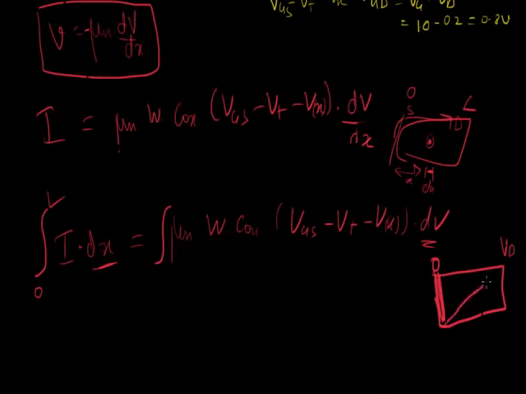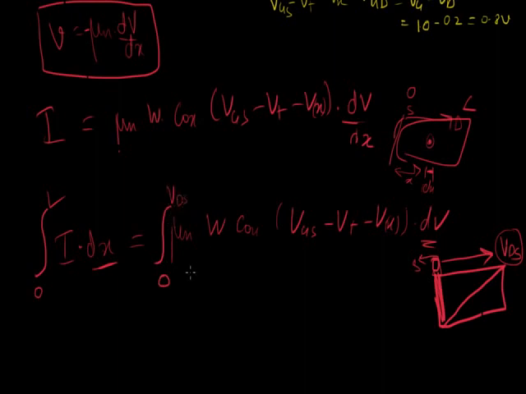Basically, your channel is shaped this way because of the VD, correct? So you integrate from 0 to VD. We call it VDS, but it doesn't really matter because the source is anyway grounded. Grounded source. So you're going to integrate your voltage from 0 to VDS.